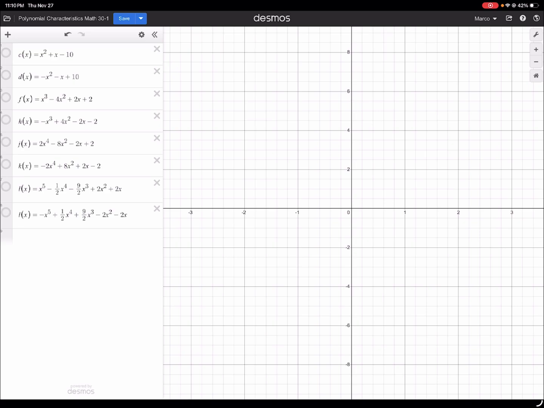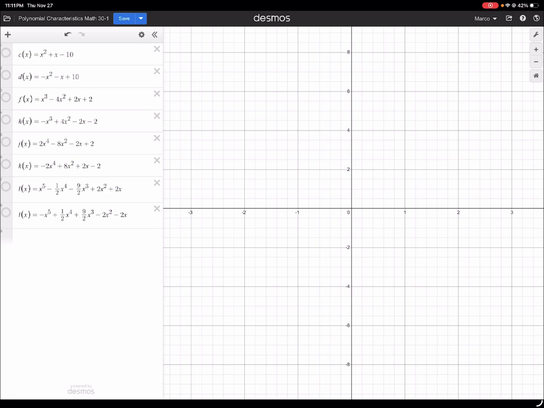So I want to dive in. Actually, sorry, I'm getting ahead of myself. After we look at the characteristics of graphs, you've already in the past looked at quadratic functions and factored those. You've developed some strategies on how to solve roots of quadratic equations, be it using decomposition, the quadratic formula, or completing the square.